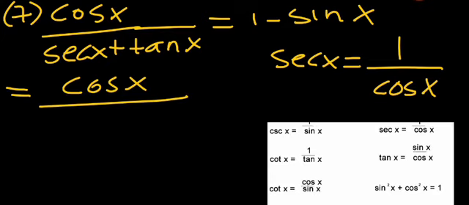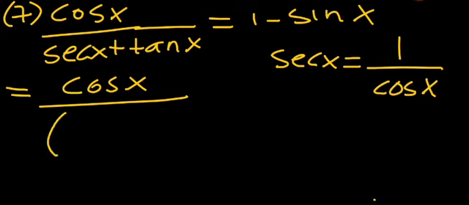So sec x is the inverse of cosine. We're going to replace sec x with 1 over cos x, then plus tangent x.